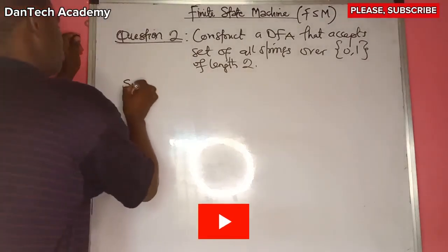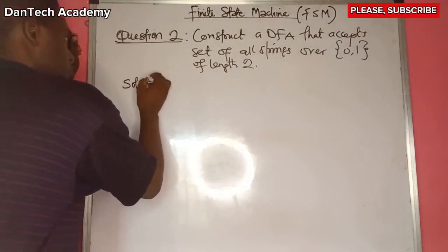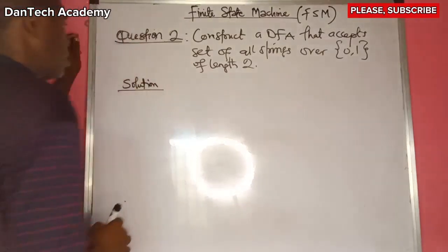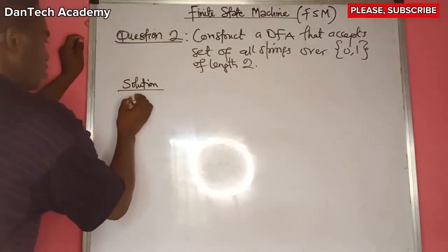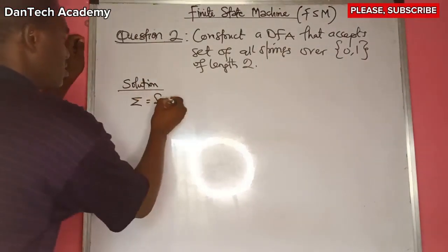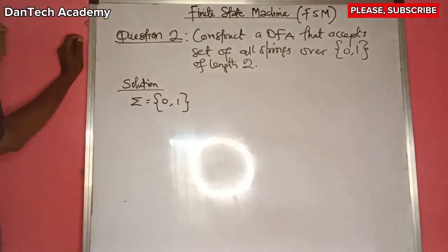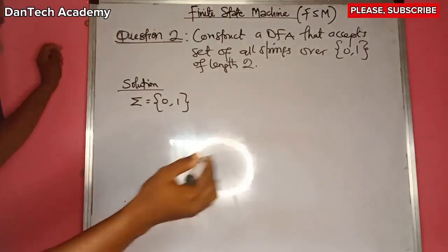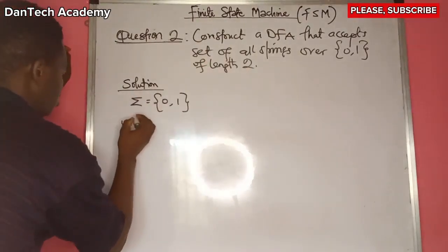So, the solution. Firstly, we need to get our alphabet. What's our alphabet? The alphabet is 0, 1. From here we can see how to extract our strings.